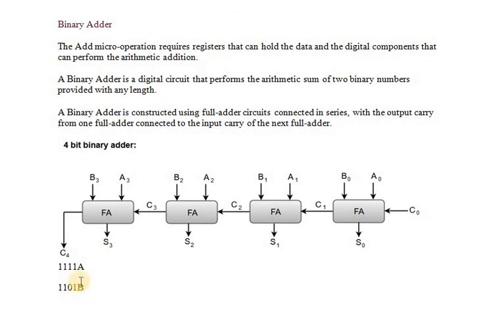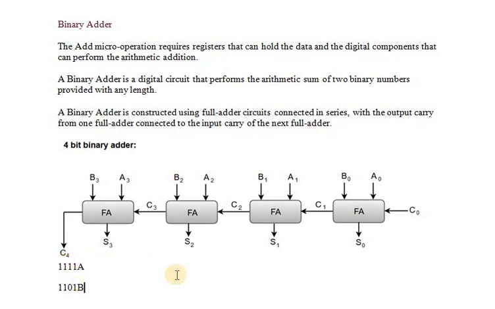If I am adding these two, the bits will be A0, A1, A2, A3 and B0, B1, B2, B3. I first add A0 and B0, that means 1 and 1.